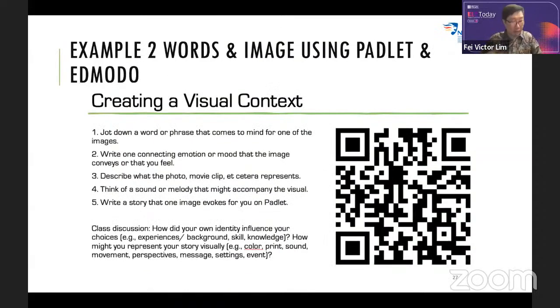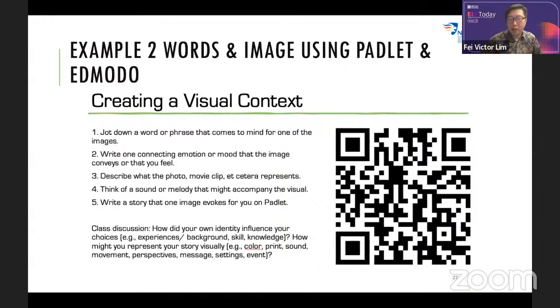This is another example where students were given the opportunity to think about the relationship between words and images. Essentially, I gave them a series of images to look at.